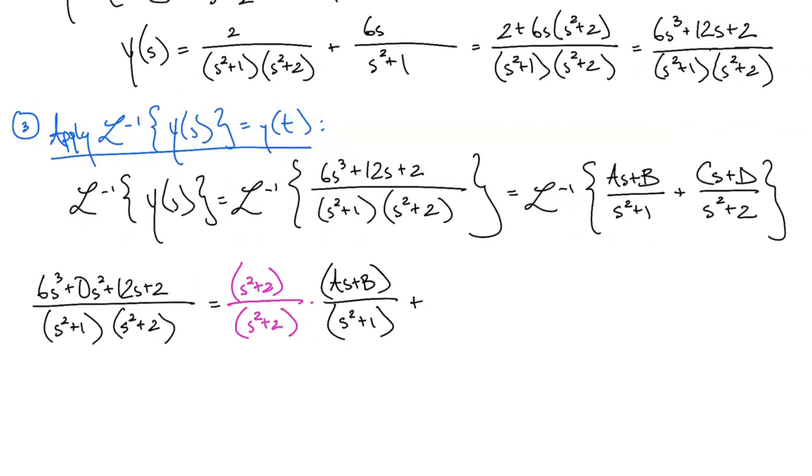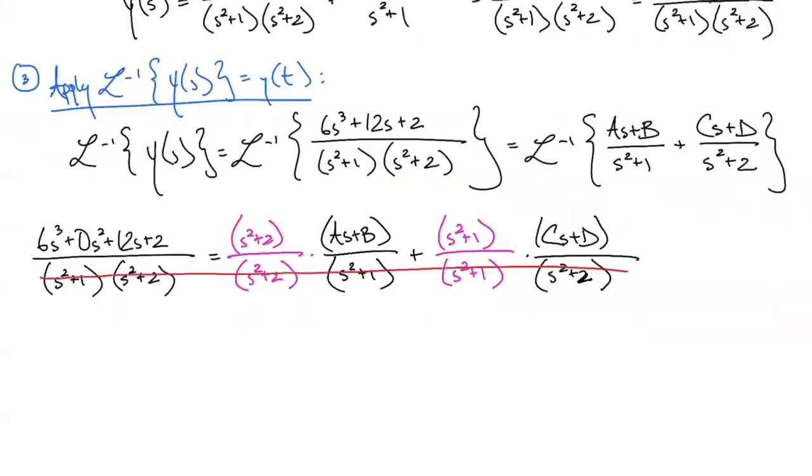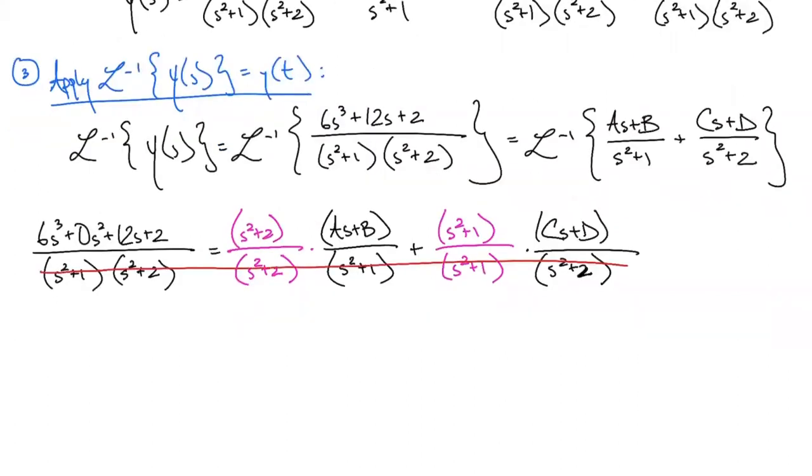Plus the second one, I'm going to need to multiply by s squared plus 1. Common denominators all the way across, we can get rid of those.